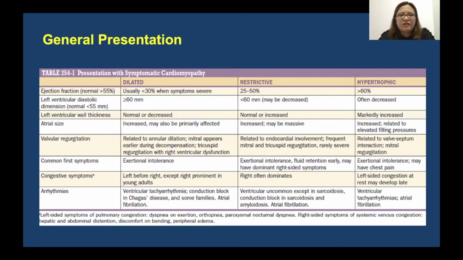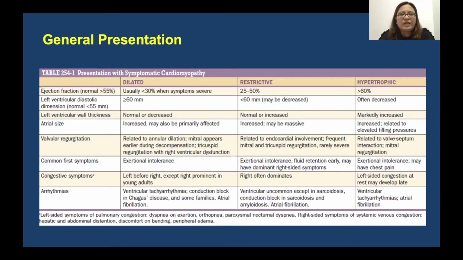How about for the valvular regurgitation? In dilated cardiomyopathy, the valvular regurgitation is secondary to the annular dilatation, while for the hypertrophic, it is related to the valve-septum interaction, or what we call the systolic anterior motion of the mitral valve.